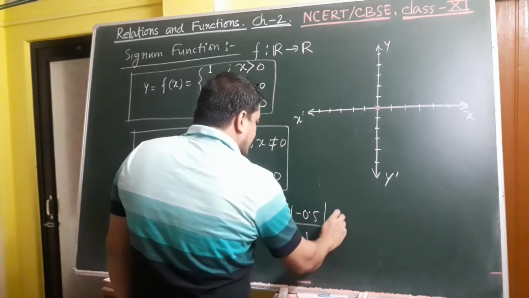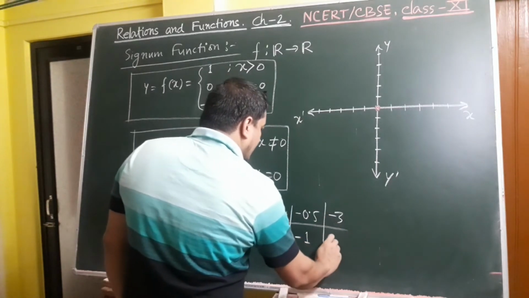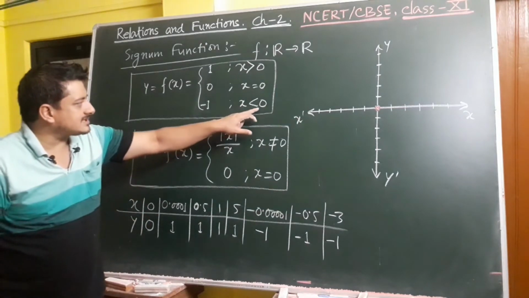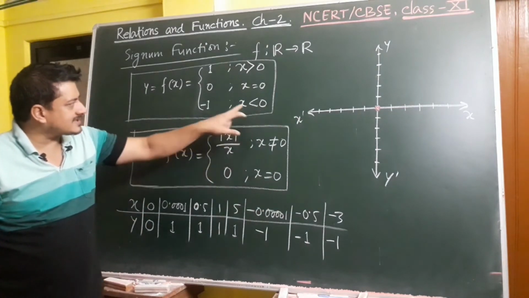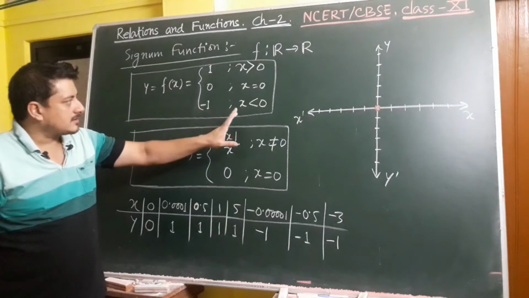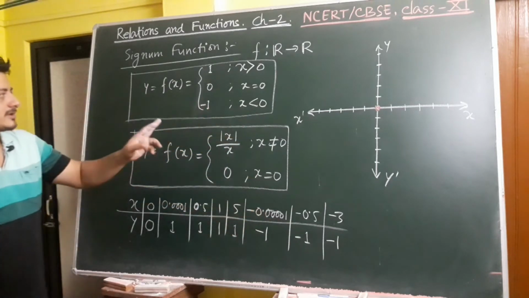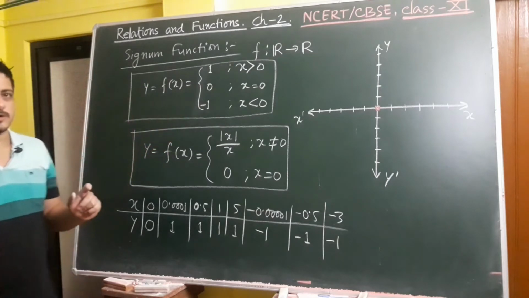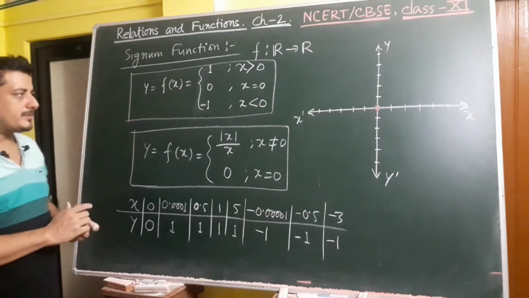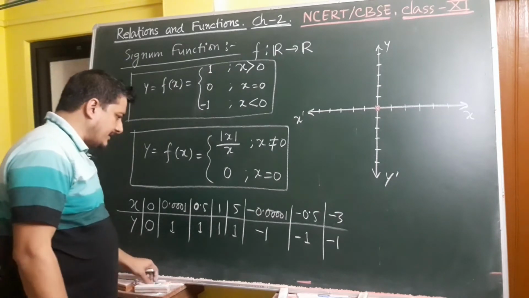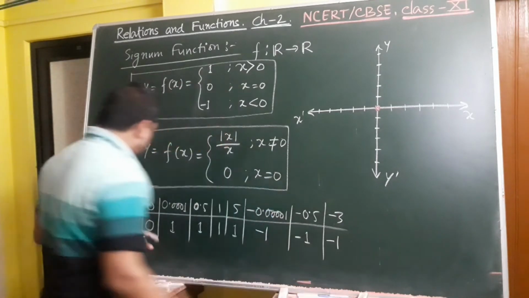For minus 3, it will be minus 1. Any value of x even slightly smaller than 0 will be equated to minus 1, because these three values are the only ones permissible.